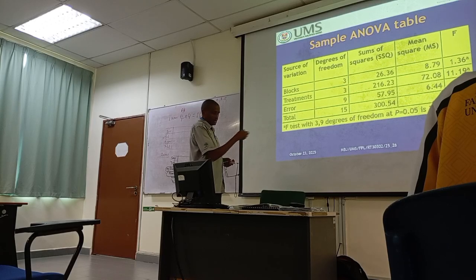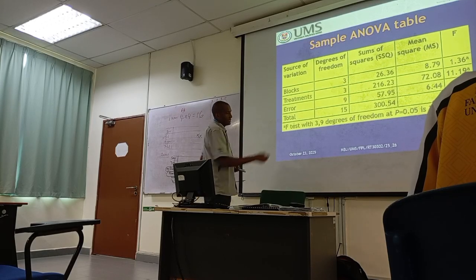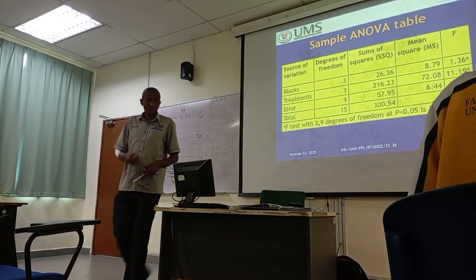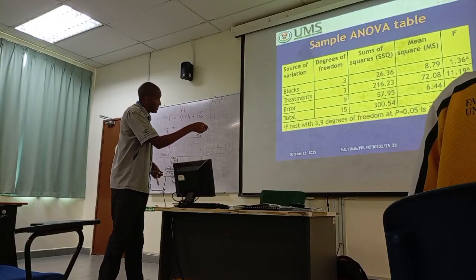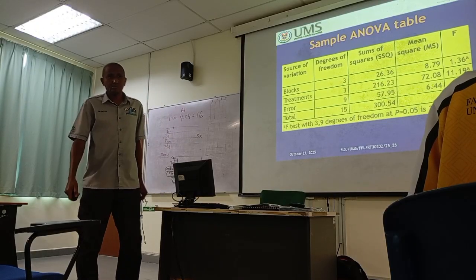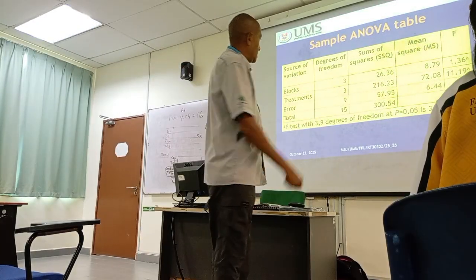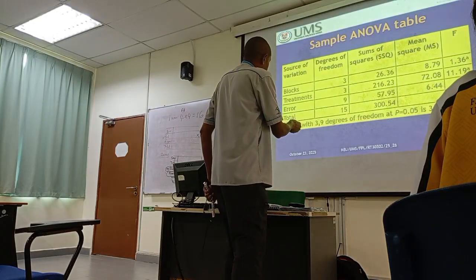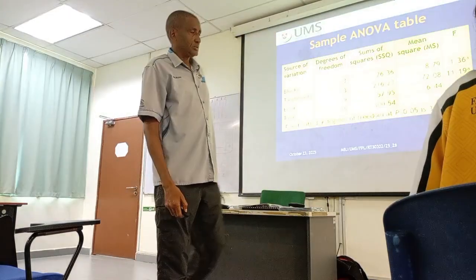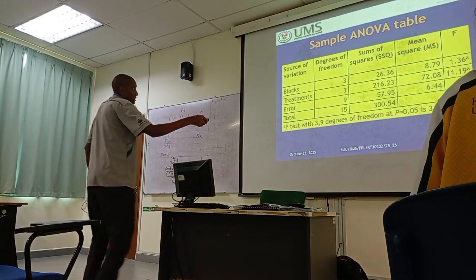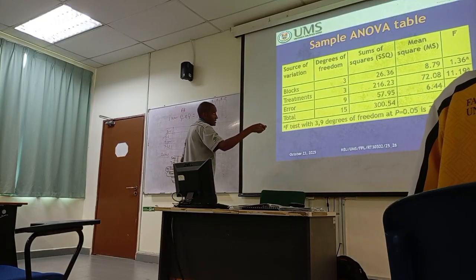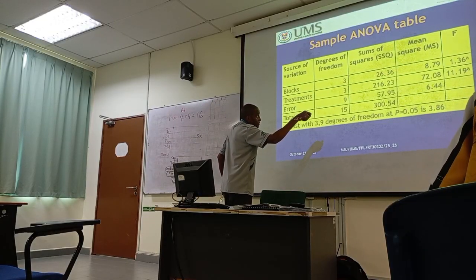4 minus 1 is 3. How do you get this answer? So just 15 minus 3 minus 3 gives you 9. This plus this plus this will give you the total. So same thing here. After you do all this SS, you have to calculate this one by yourself.